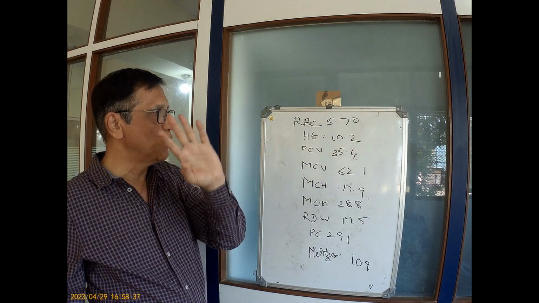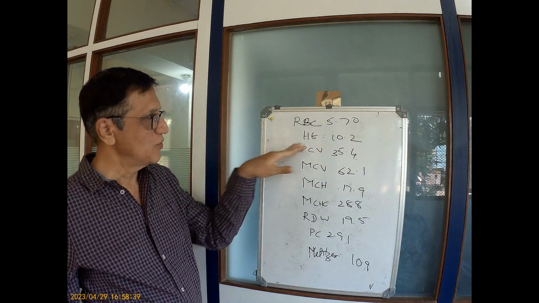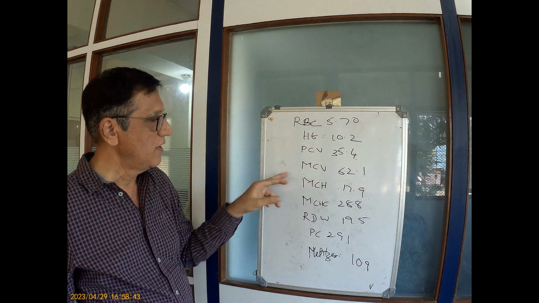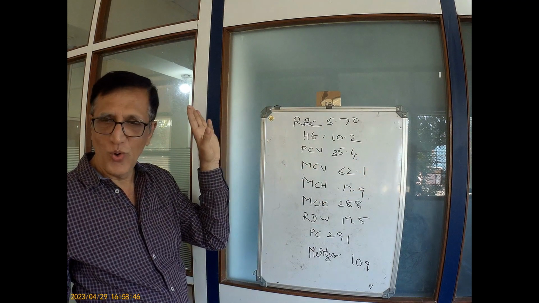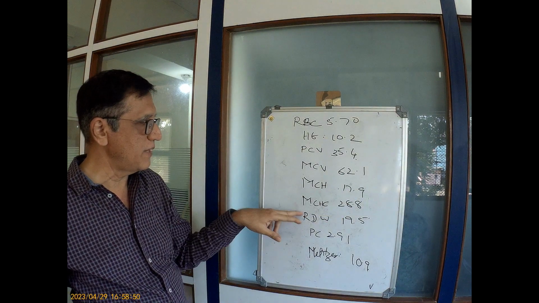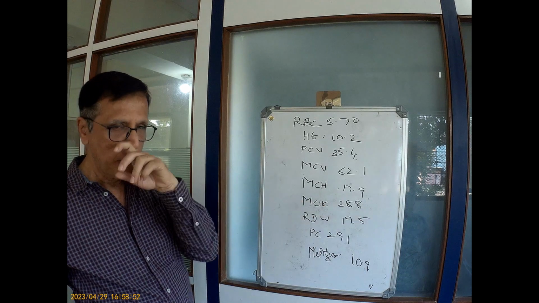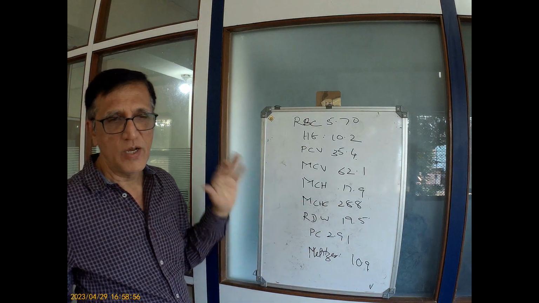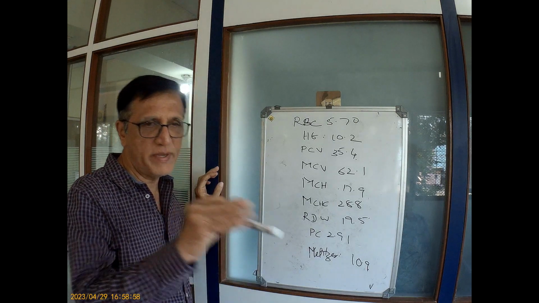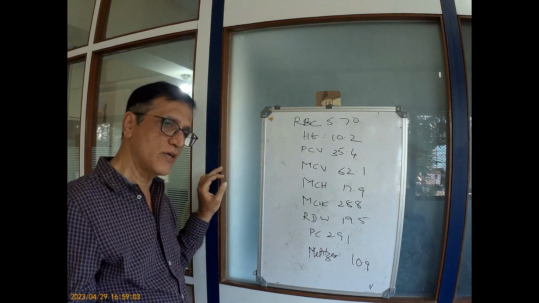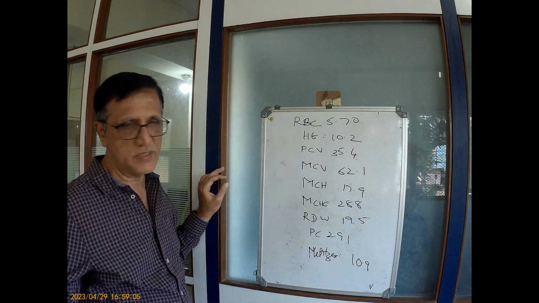Hemoglobin 10.2, low, so it's anemia. Packed cell volume 35.4, low, again anemia. MCV low, microcytic. MCH 17.9, again low. MCHC 28.8, so again it goes into hypochromic. So microcytic, hypochromic. Two main diagnoses to consider: iron deficiency anemia and thalassemia. There are other diagnoses, but the commonest are these.